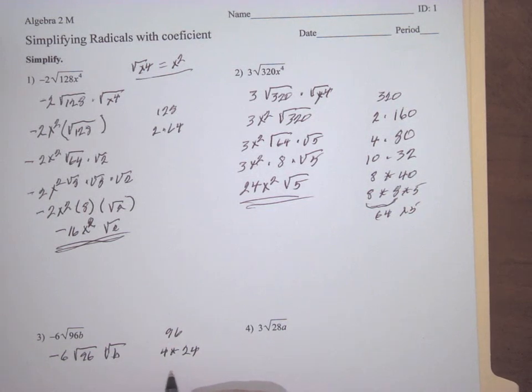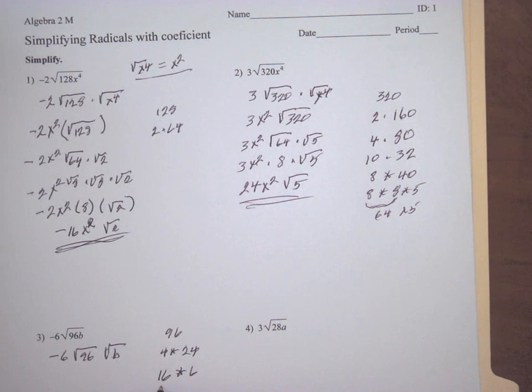The next natural square after 4 would be 16. So it's equal to 16 times 6. Well, that works because 16's a bigger number here, and then we have the square root of 6.